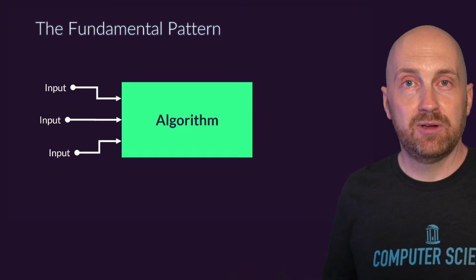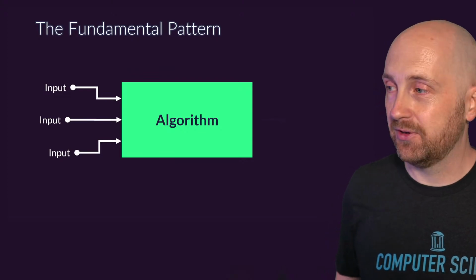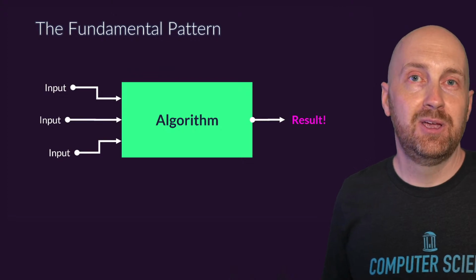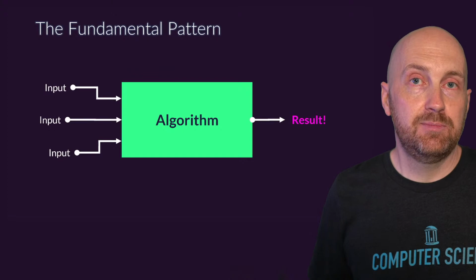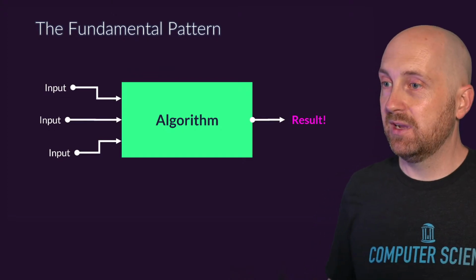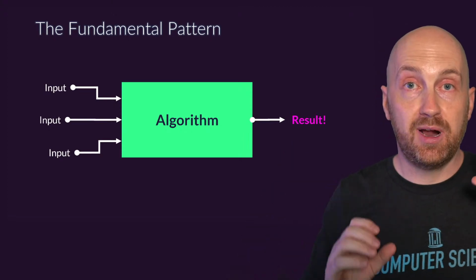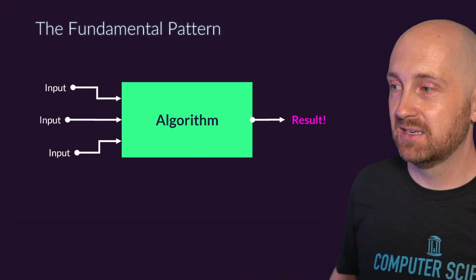And when we have an algorithm, we tend to want to have something that is going to be a desirable result, right? So on the other side of our algorithm, if all goes well, we expect some result. An example of this would be, as I mentioned, in medical imaging analysis. You give inputs, which are the medical images, and the result is here are some problem areas that you should really be focused on based on our analysis in this algorithm.